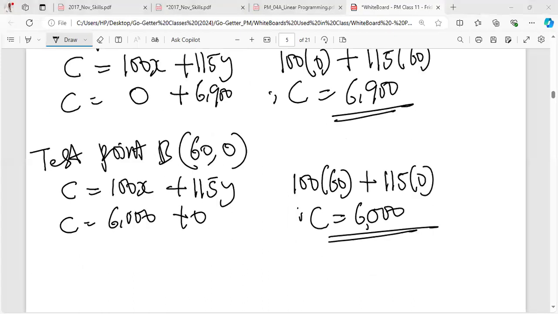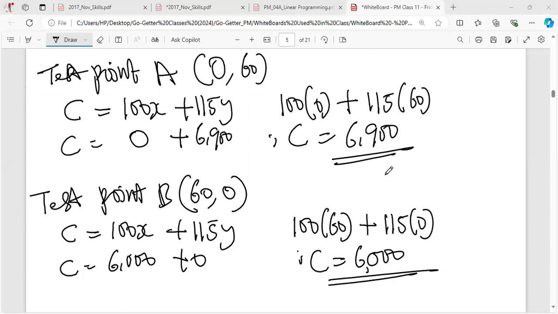I got a call that disconnected my speaking phone. Sorry. Now, A is bigger than B with 900. This is because you can see here, in the case of A, we made use of a higher figure 115, which is bigger than 100.